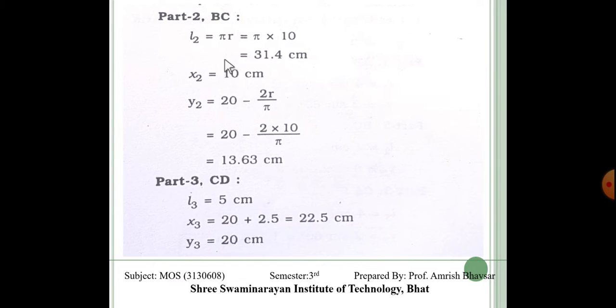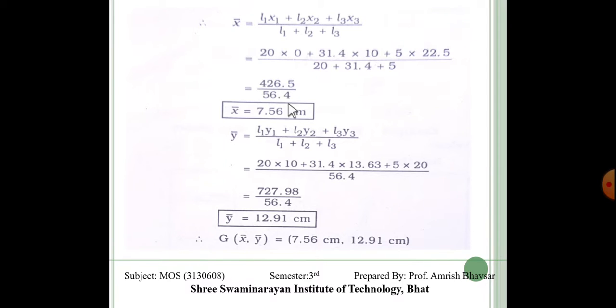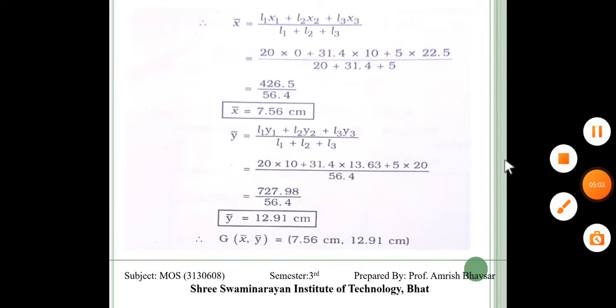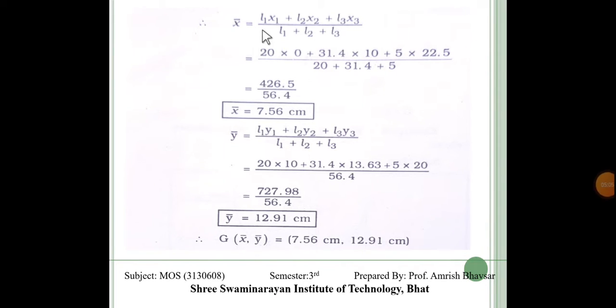So we will get 13.63 centimeter. Now part 3 CD, 5 centimeter, total 22.5 centimeter, x3 and y3 20 centimeter. Clear? So put the values in our equation. X bar is equal to L1 x1 plus L2 x2 plus L3 x3 upon L1 plus L2 plus L3.